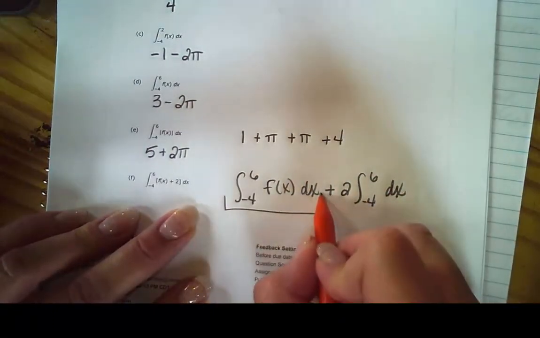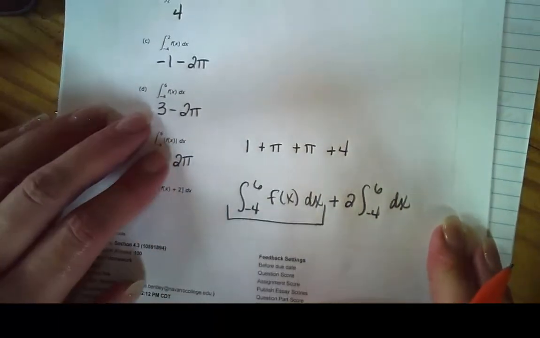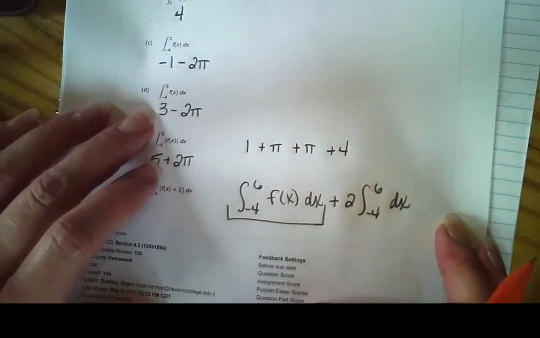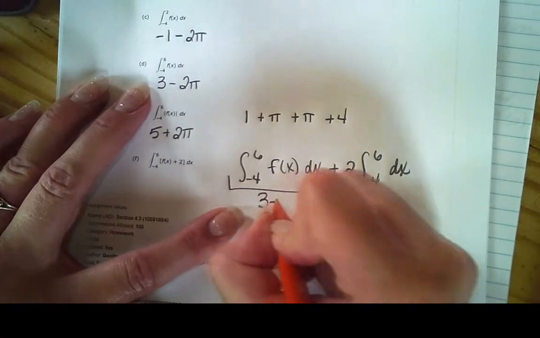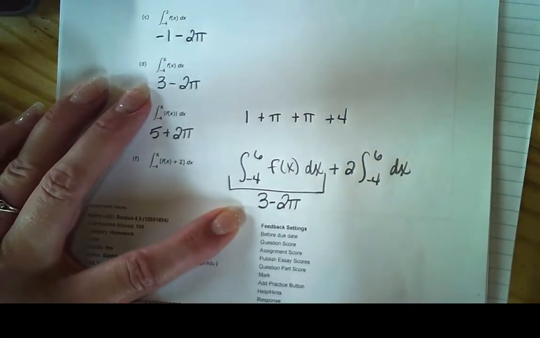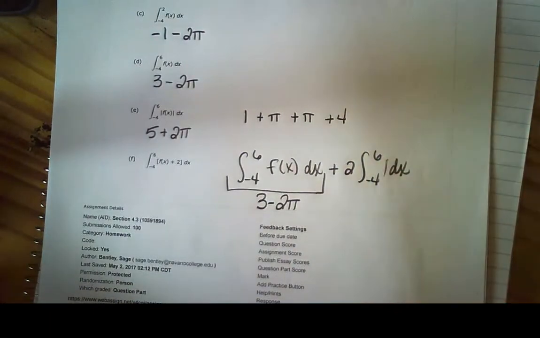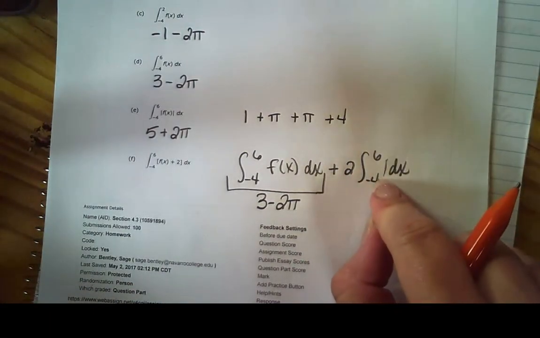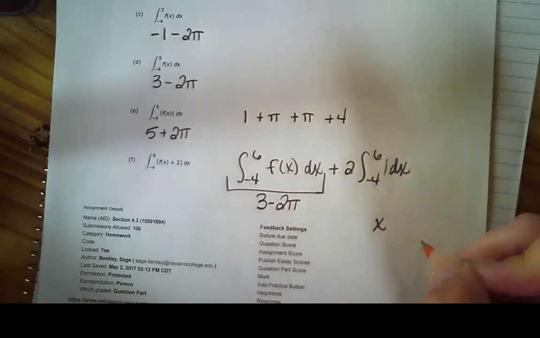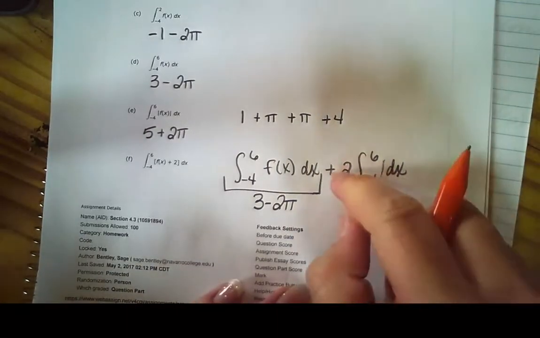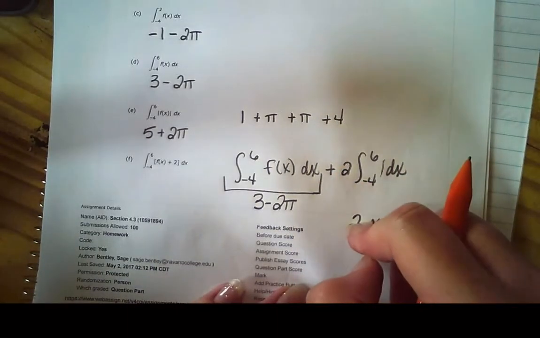I already know what the first part is because I found it in section D, so this is 3 minus 2 pi. Now I just have to do this one. Remember that this is a 1. I'm going to integrate 1 and get an x, and I'm going to multiply my answer by 2. Just like differentiation, I can bring that along for the ride.